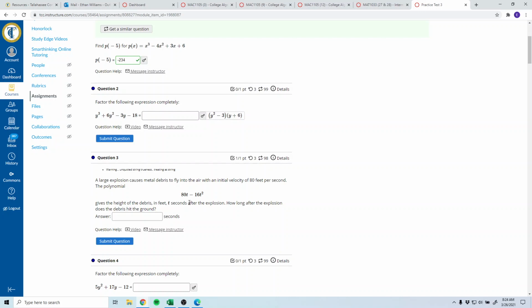The polynomial 80t minus 16t squared gives the height of the debris in feet t seconds after the explosion. Okay, so that's a lot of words, but really all we care about is that equation right now. There was some math that figured out that equation, but we don't really need to know how to do that. We just need the equation. And it asks, how long after the explosion does the debris hit the ground?